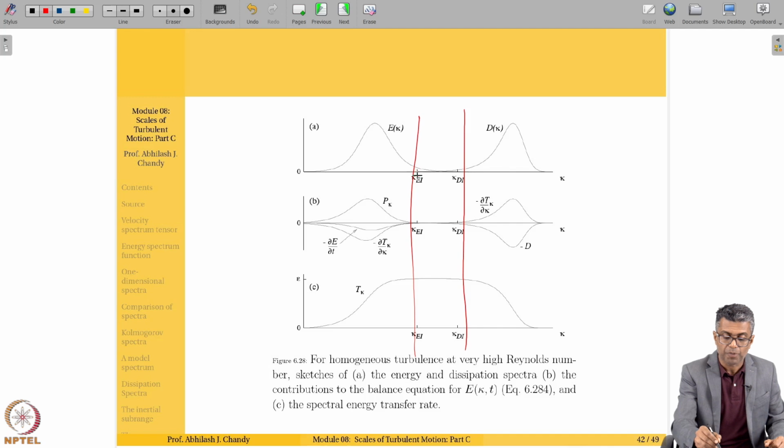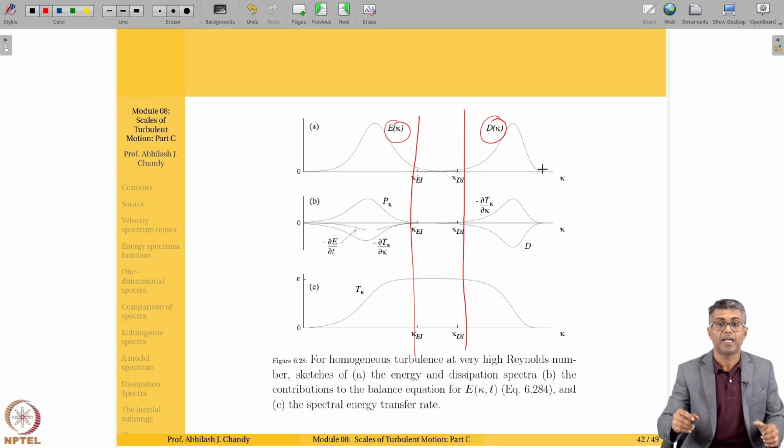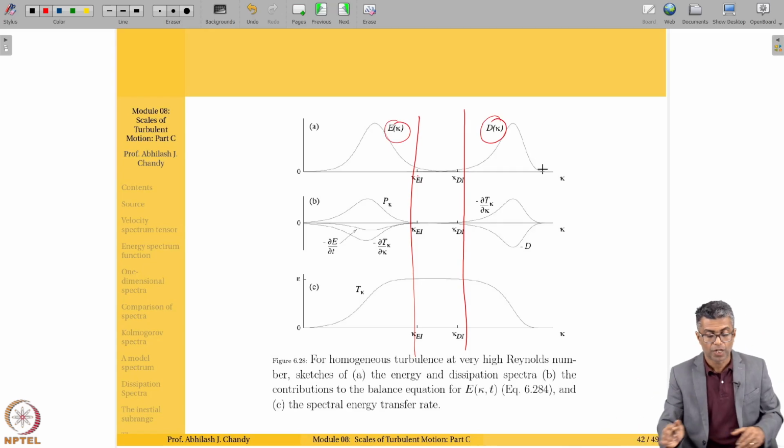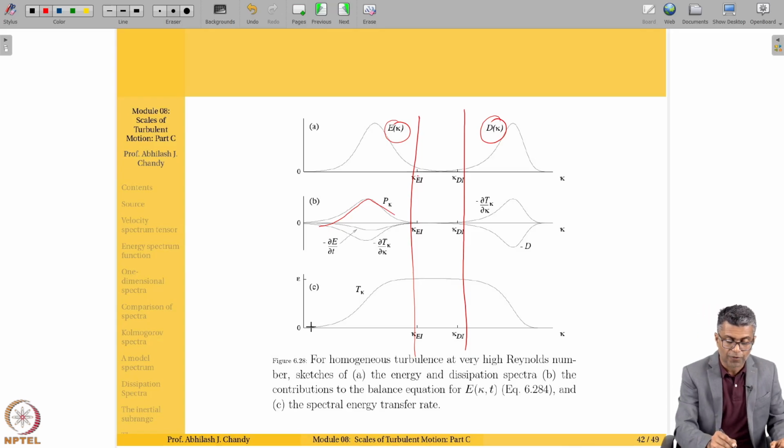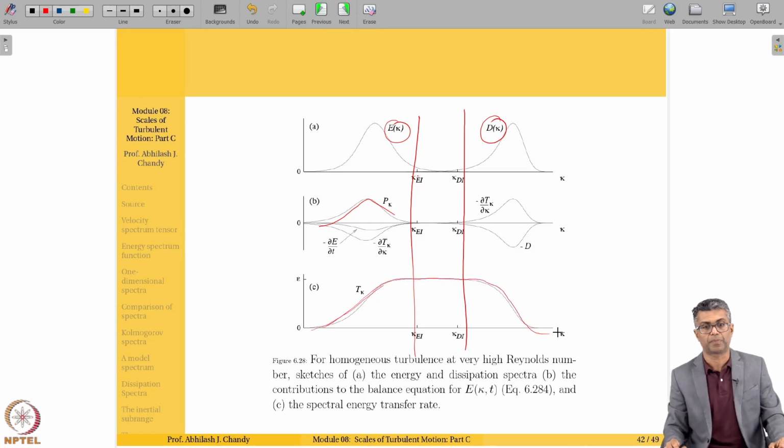Then between this range, you have the E of kappa, and then D of kappa becomes prominent in the dissipation range. The production is dominant in the energy containing range, whereas the transfer starts to peak, keeps increasing, starts to peak in the inertial subrange and then decreases as well.